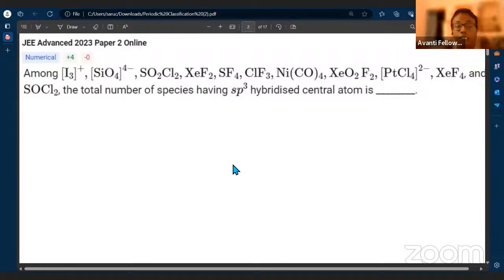So you have to find out the total number of species having sp3 hybridized central atom. How will you find out whether it has sp3 hybridization? For this, you have to know something called the steric number.